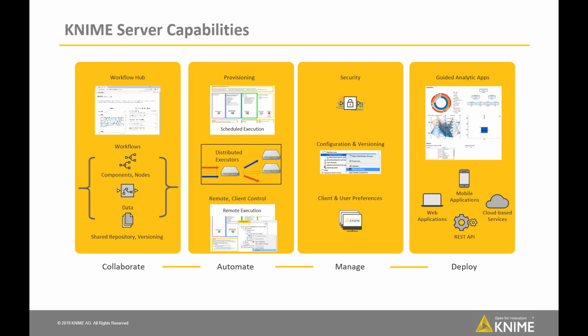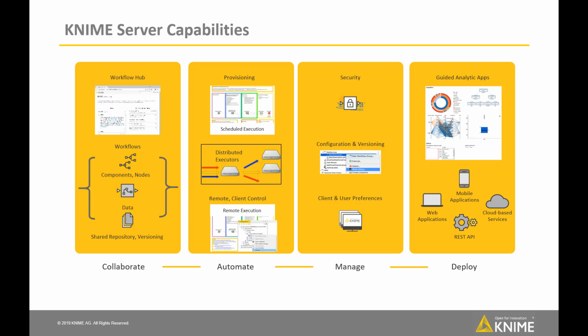Automation is also super important in terms of scheduling execution of workflows, but also managing our computing resources in an efficient way. So making sure that we have the right CPU and RAM available for workflows that maybe take longer to run or require a lot of resources. That's all stuff that we can manage using KNIME Server. Security, super important, right?